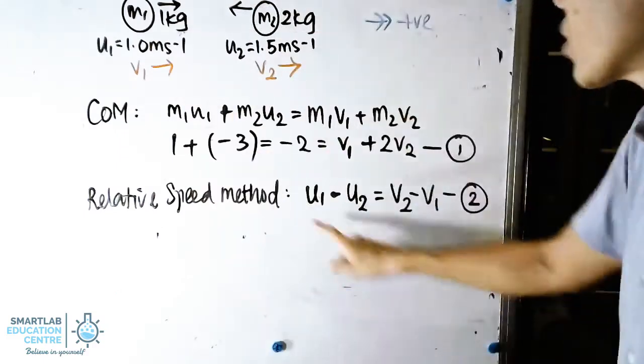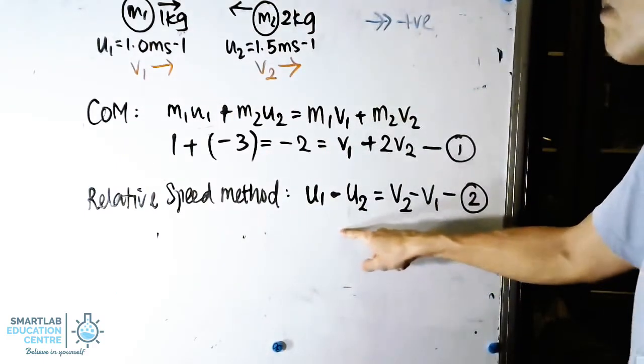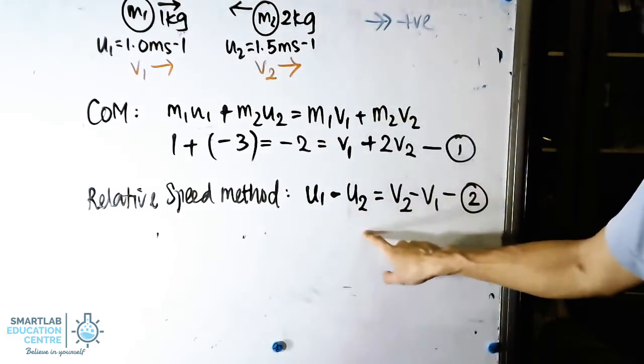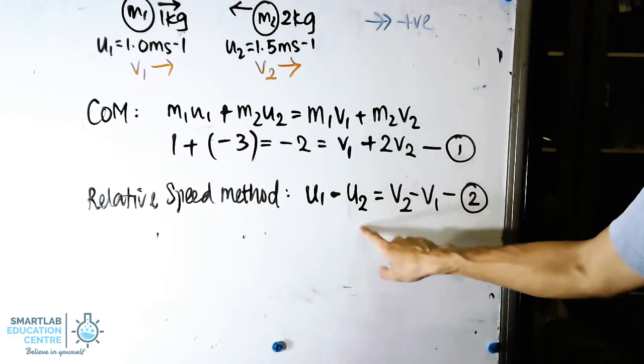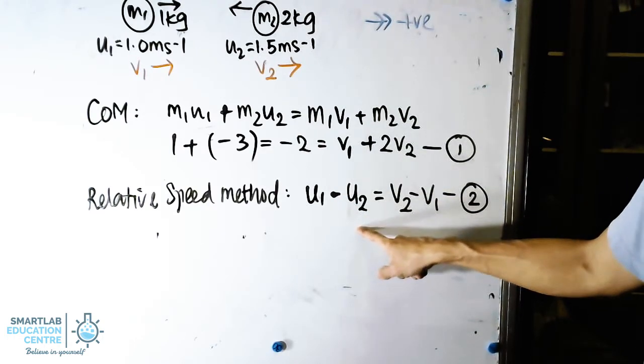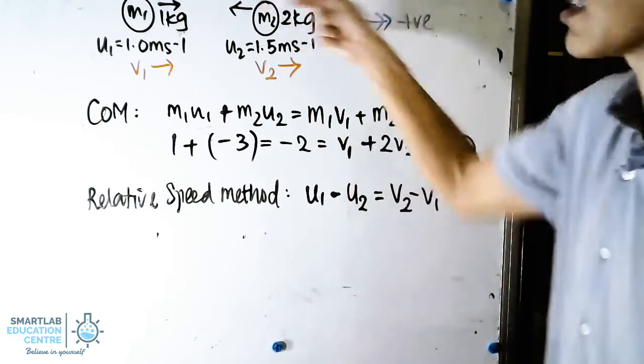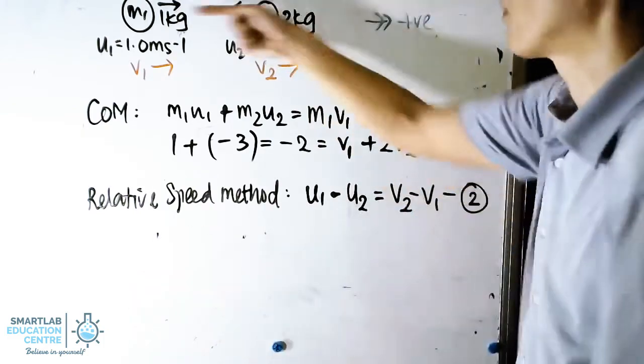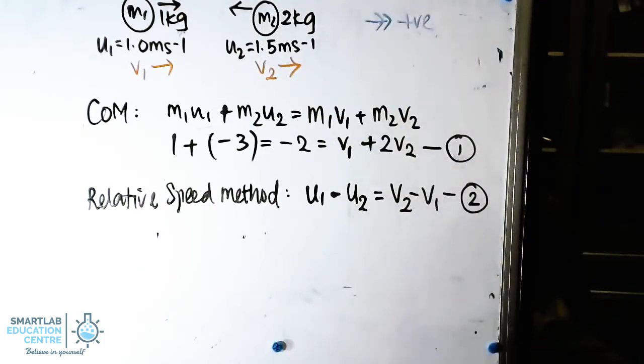So the speed of approach will actually be, you will subtract with U2, all right? And be mindful that in this case, your U2 must in actual fact be a negative number because they are in the opposite direction relative to the convention.